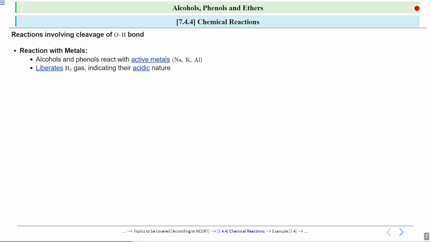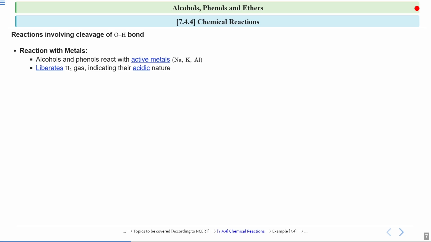I'm repeating, when an acid reacts with any metal, a salt is formed and hydrogen gas is released. For example, take sodium as a metal and hydrogen chloride as an acid. So when HCl and Na react, you will see it forms NaCl and H2 gas is liberated.